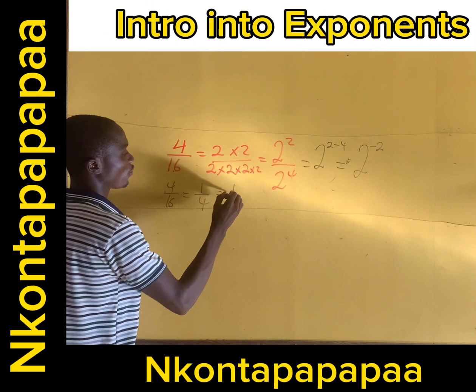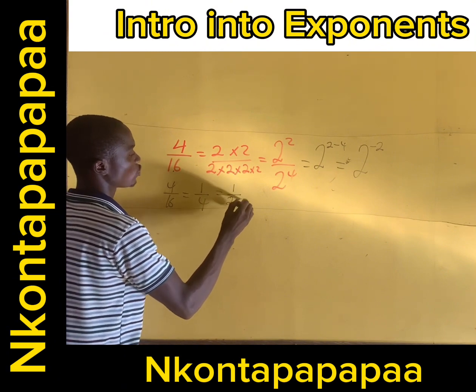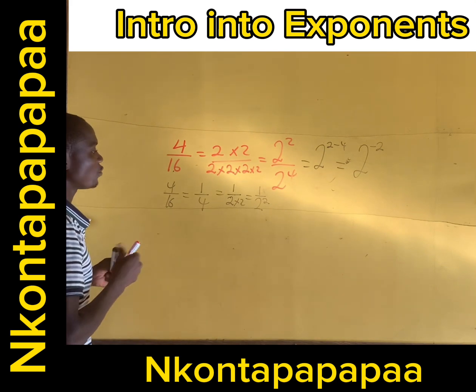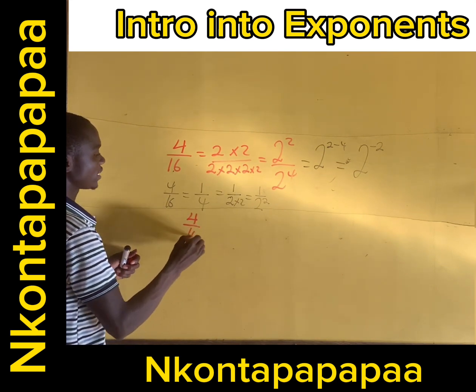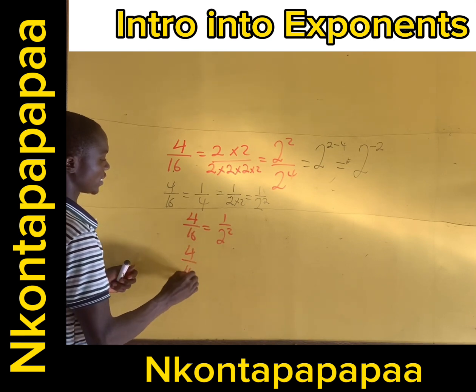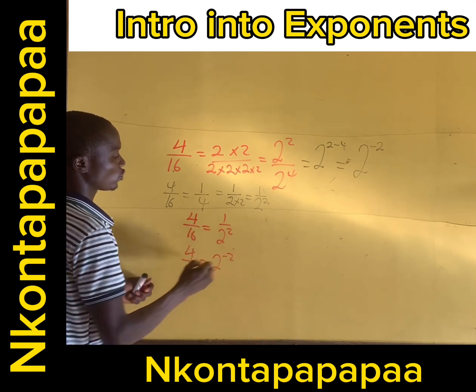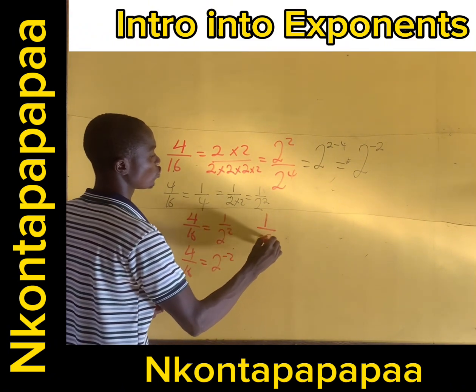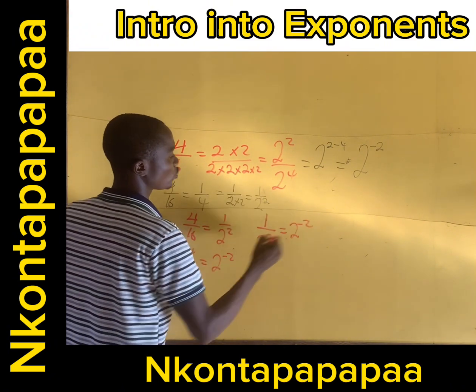But this 1 out of 4 is the same as 1 out of 2 times 2. That is 1 out of 2 squared. So here we've said that 4 out of 16 is 1 out of 2 squared. And the same 4 out of 16 is 2 exponent negative 2. It means that 1 out of 2 power 2 is 2 exponent negative 2.